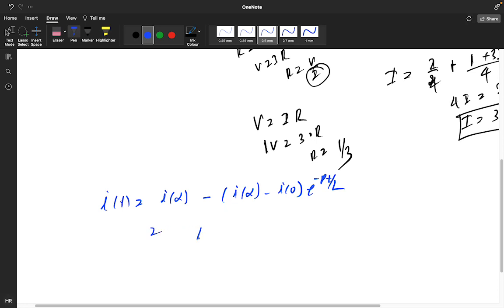I of 0 is given as 10. e power minus Rt by L: R is 1 by 3, and L value is 1 by 2, so it will go upside. So 10 e power minus 2t by 3. This is the I of t value.